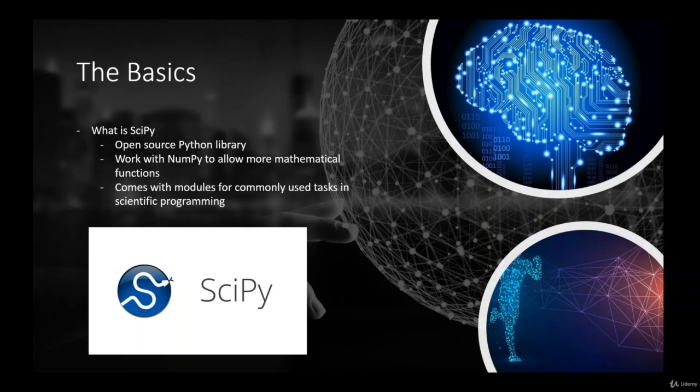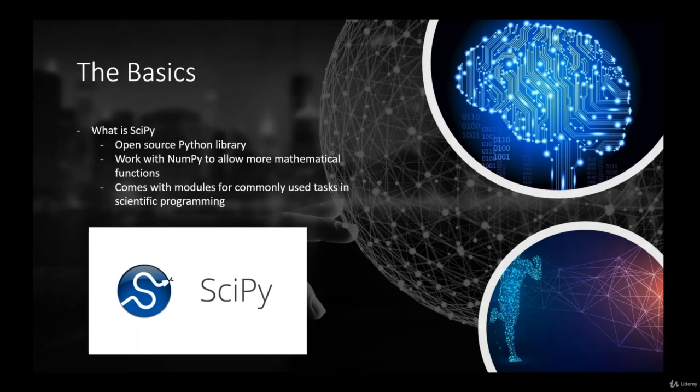So let's start and try to understand what exactly SciPy is. SciPy is like any other tool that we talked about in this class and will talk about in this class: it's a Python library. What is cool about it is that it's open source, so it costs nothing, and it's built by the community, which is pretty cool. It works with NumPy to allow more mathematical functions.